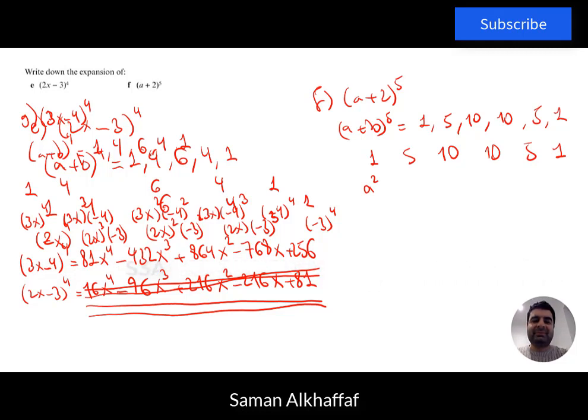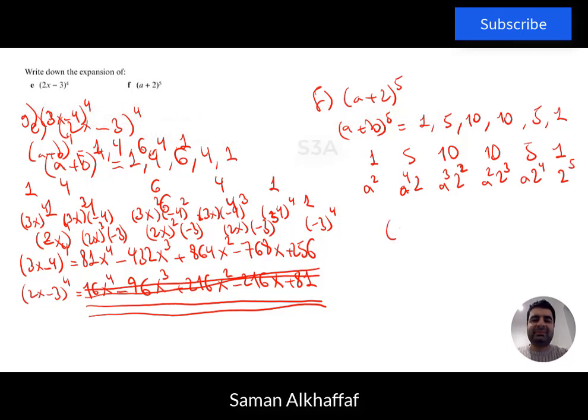For the 5, we would have a to the power 4 times 2, and for the 10 we will have a cubed times 2 squared, and a squared times 2 cubed. Then we have a times 2 to the power 4, and then 2 to the power 5.